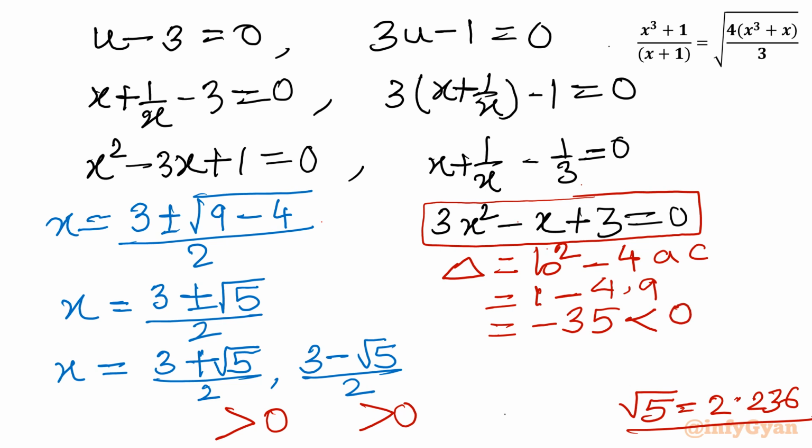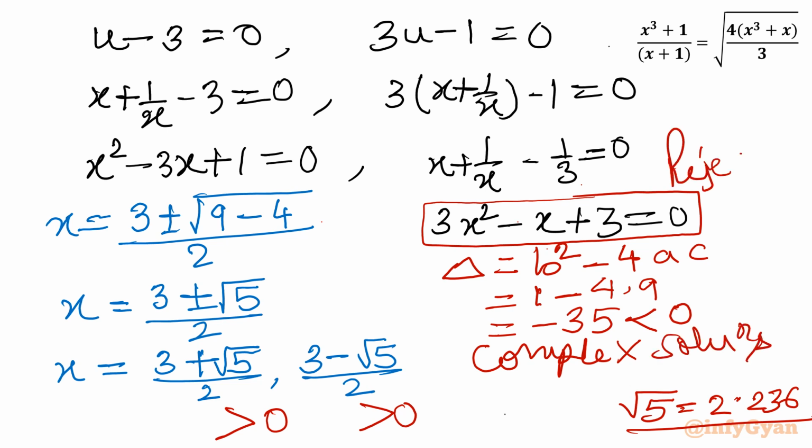Discriminant is negative. Complex solutions will come. So we will reject this equation for our solution as we are calculating real values. So two solutions are there: x is equal to 3 plus root 5 over 2 and 3 minus root 5 over 2. Let me write here.